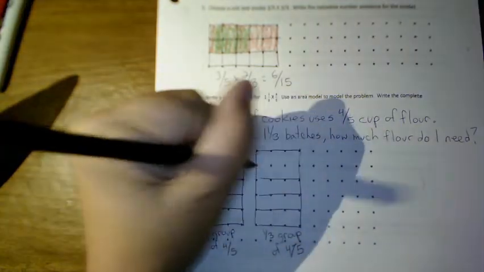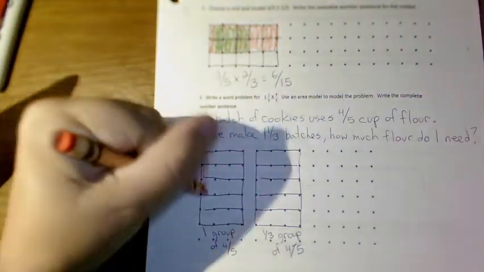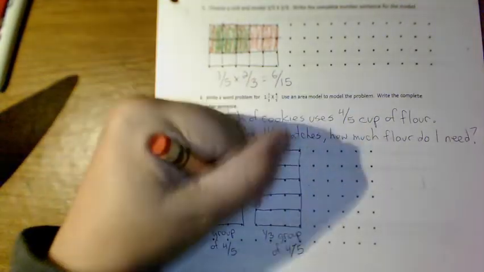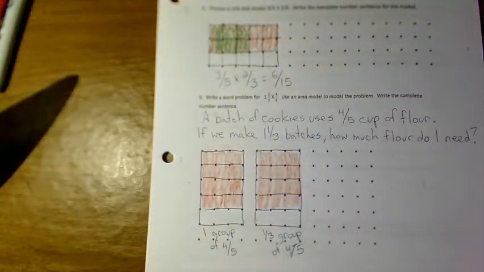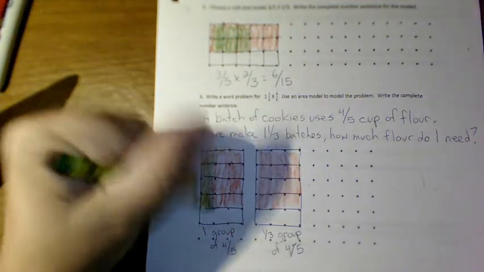So let's model what we have, 4/5 first of all. So here's a 4/5, and then here's a second 4/5. All right, so first of all, we're taking one full group of 4/5. So this is a little redundant, but we would be taking all of that.